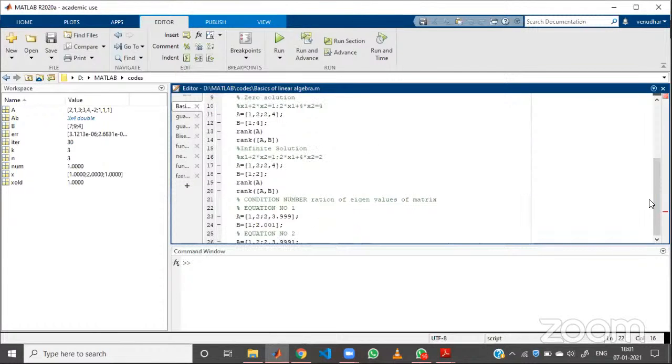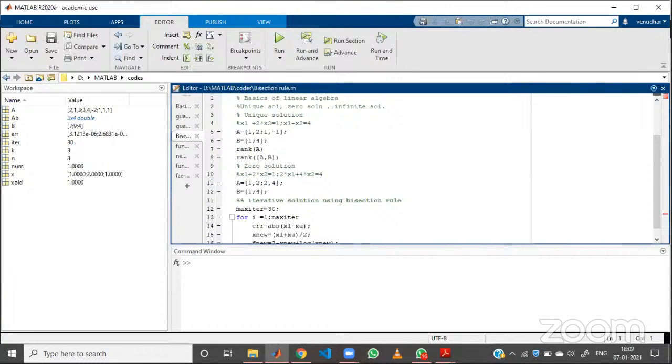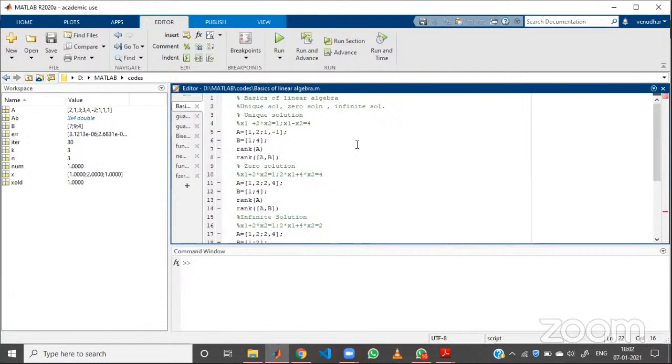So we know about how to get a unique solution, zero solution, and infinite solutions of a system of linear equations. Here in MATLAB, as you can see in the code, we have equations like x1 plus 2x2 equals 1, x1 minus x2 equals 4.